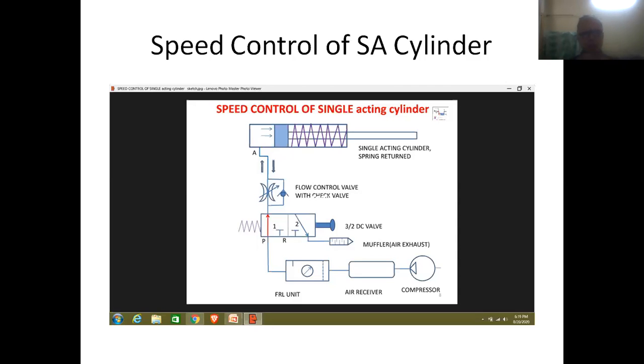So friends, four pipelines, four branches are actually arranged in this particular circuit.